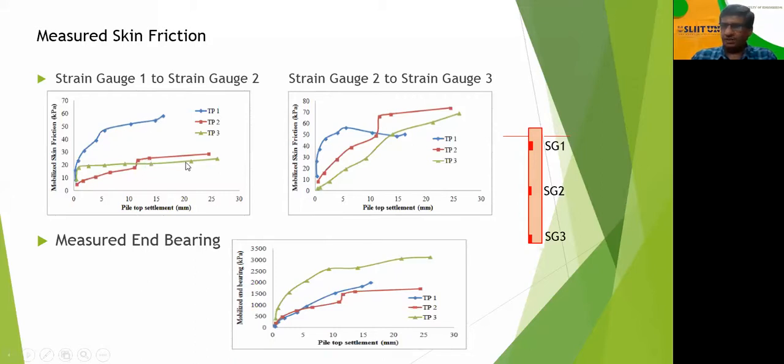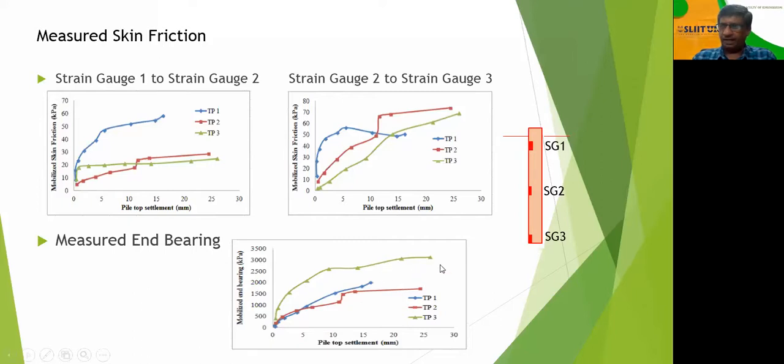What we assume is correct, maybe. It will increase, not linearly, but it will increase up to a limiting value and then will remain constant. So that is shown here also from the measured data. And also the end bearing will increase and then taper off.